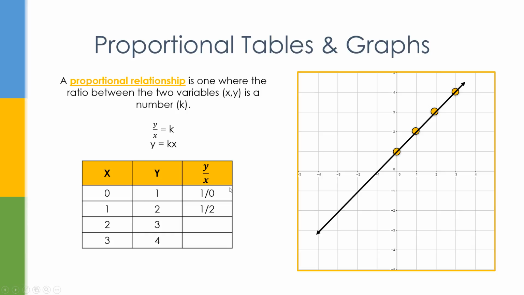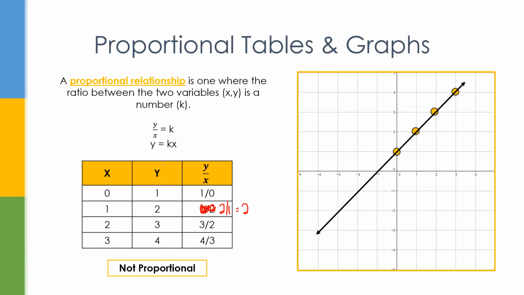Then I've got, this is a little bit backwards. It doesn't really matter what direction you put it in, if it's x over y or y over x. But then this would be 2 over 1, which is just 2. And then we end up with 3 over 2 and 4 over 3.